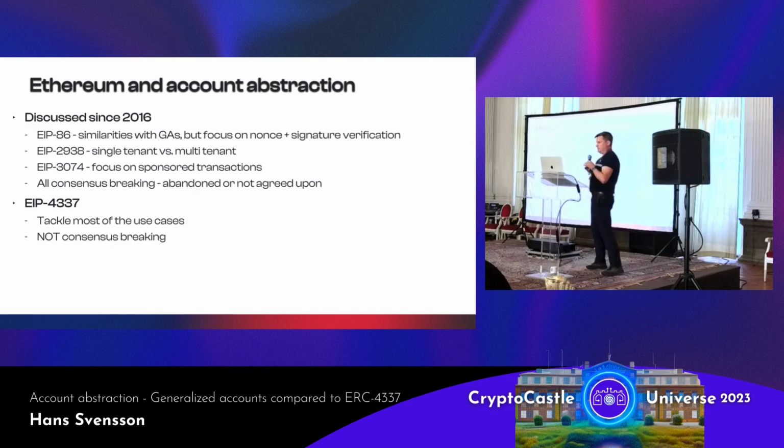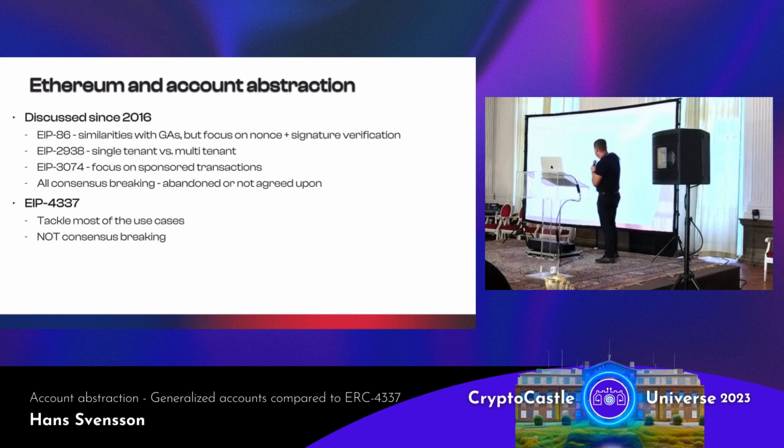The idea with these is that they are all consensus breaking, which is a bit of a thing because Ethereum, we have to face it, is a slightly bigger community than the æternity community. And a consensus breaking change is therefore also a slightly bigger thing. And enter ERC-4337, which is a way to do this in a non-consensus-breaking way.